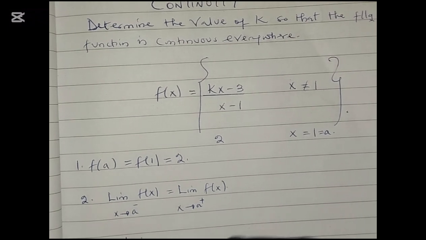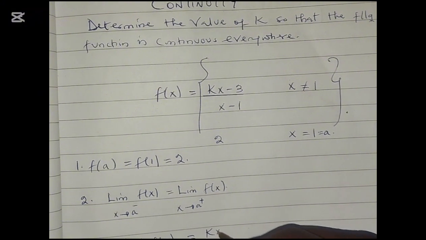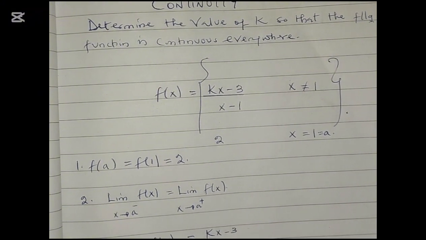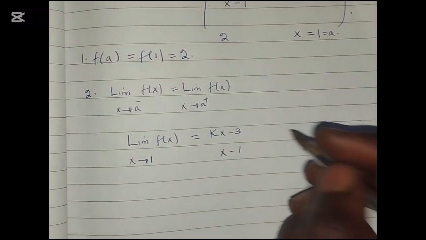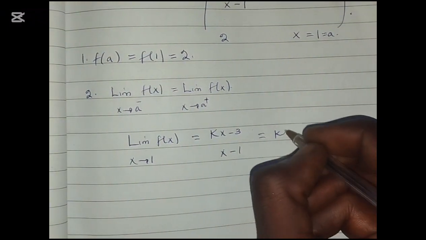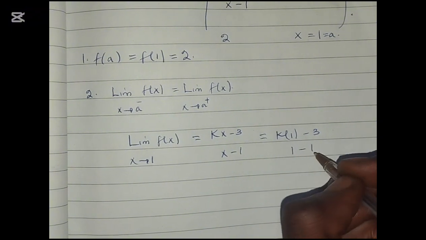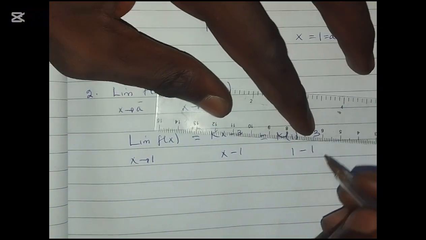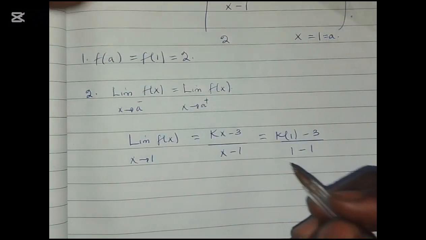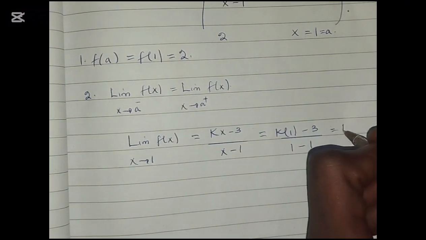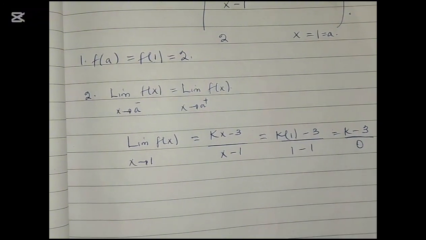As x approaches 1, f of x will be equal to kx minus 3 all over x minus 1. At x as 1, we have k times 1 minus 3 over 1 minus 1. Now you are already observing that this is undefined. We'll get k minus 3 all over 0, which is an undefined fraction.